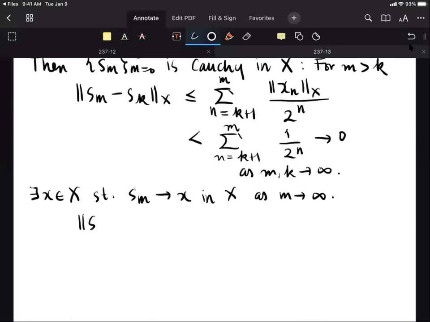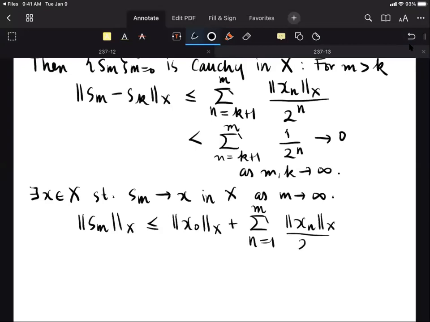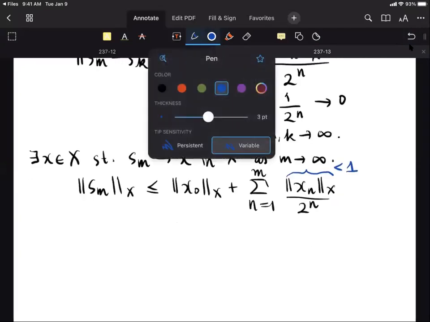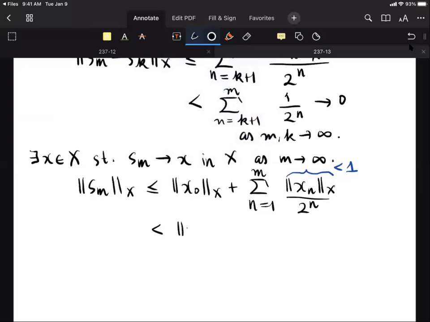Moreover, if we take the norm and apply the triangle inequality, here we separated the case for x naught. The terms divided by 2 to the n are again less than 1. So this is less than the norm of x naught plus a geometric series, and this is only a partial sum.